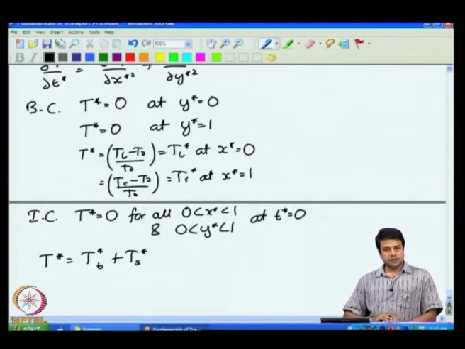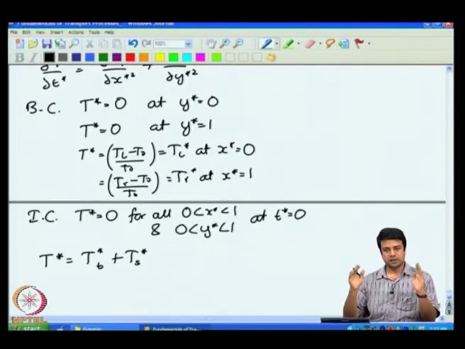The steady part of the temperature is the temperature in the limit as time goes to infinity. In that limit, you have a cube with T L on the left face, T r on the right face, top and bottom are at 0 temperature, and you want to know what is the temperature within the cube.